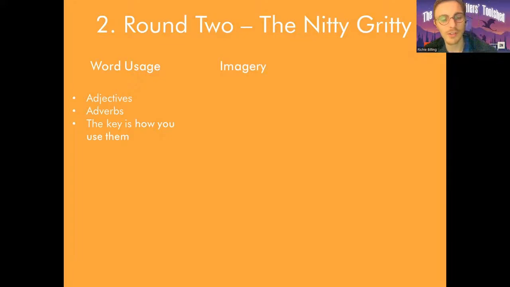Something I read recently, I think it might have been in Will Storr's book, The Science of Storytelling. I don't know, it's on my shelf somewhere anyway. Really good book. It looks in depth at psychology and storytelling. So if you're looking to learn a bit more about that, definitely check it out.